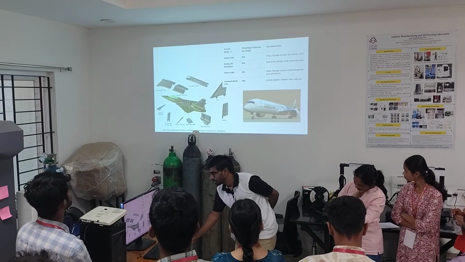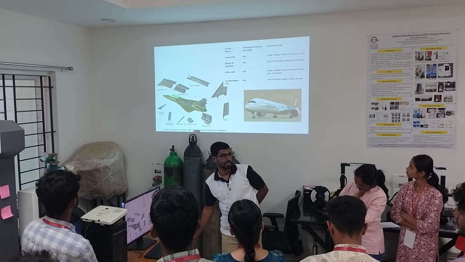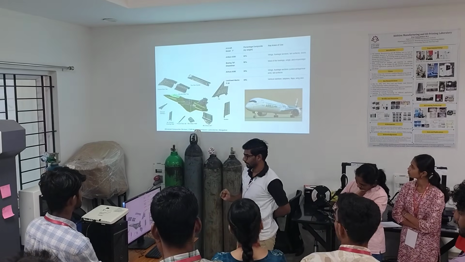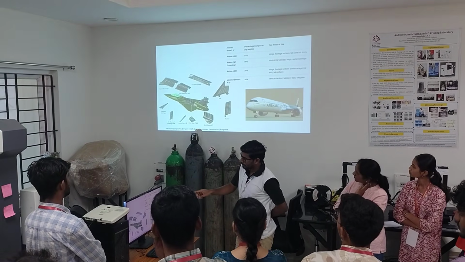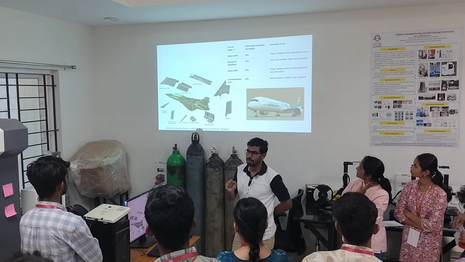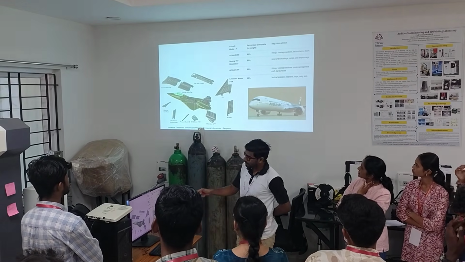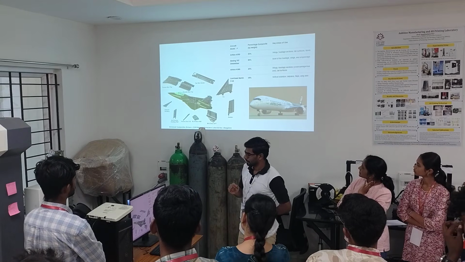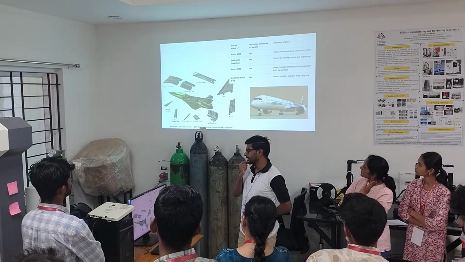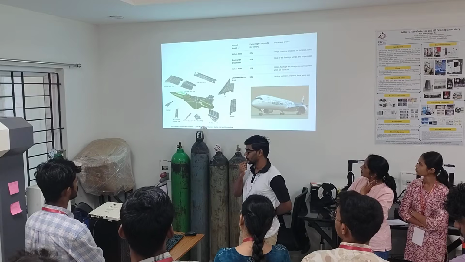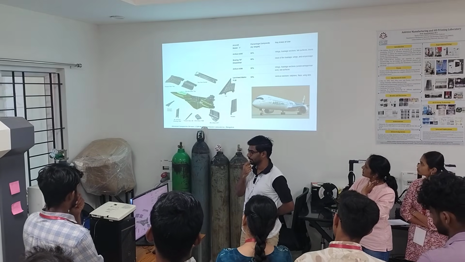Yes, this is the HAL PS aircraft, Hindustan Aeronautics Limited. Most of these parts are made in National Aerospace Laboratories, a CSIR laboratory in Bangalore. They are making these carbon fiber parts. Back in 2019, I think, I saw that since then they have started making the CFRP.